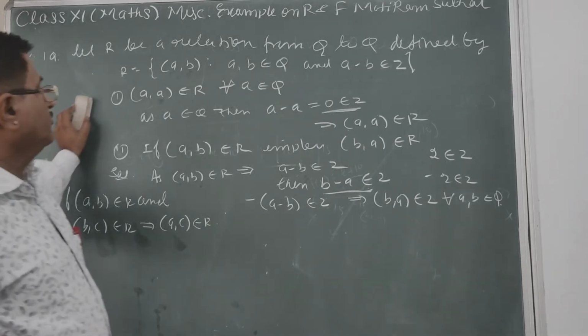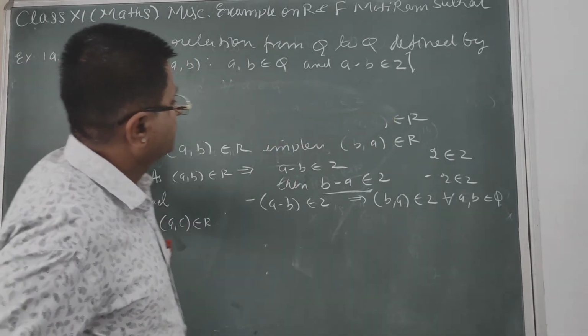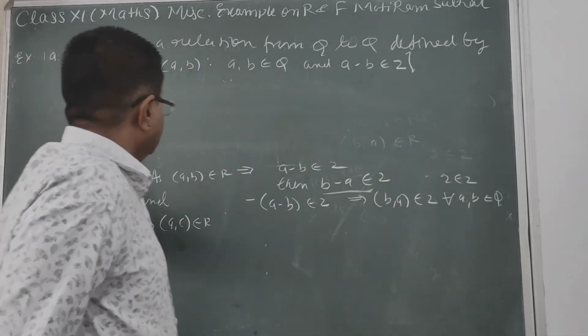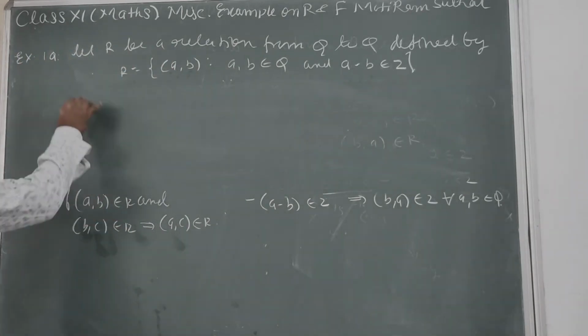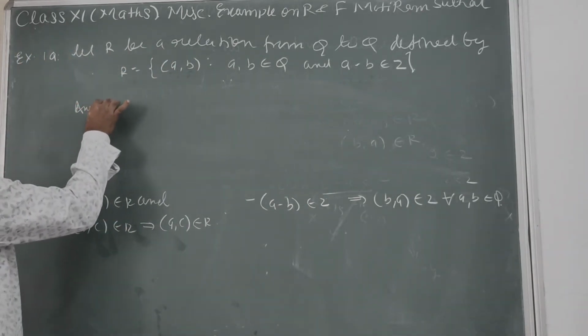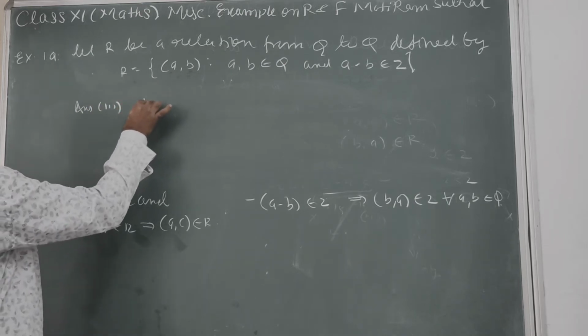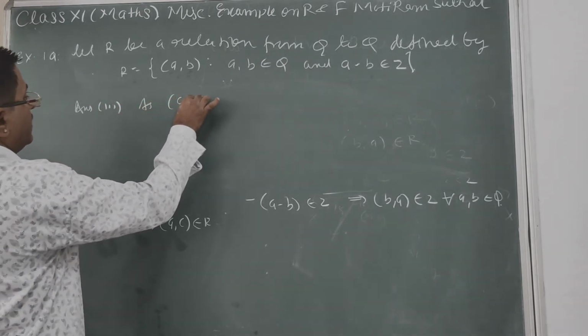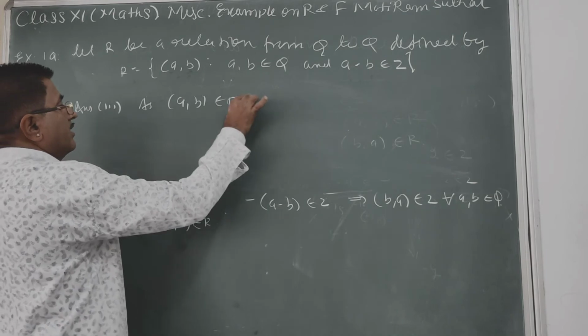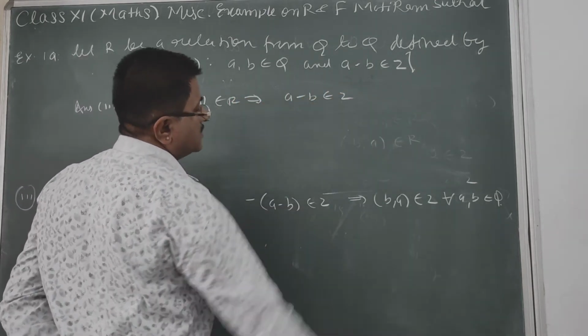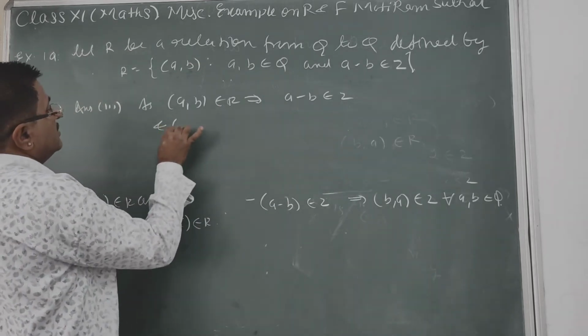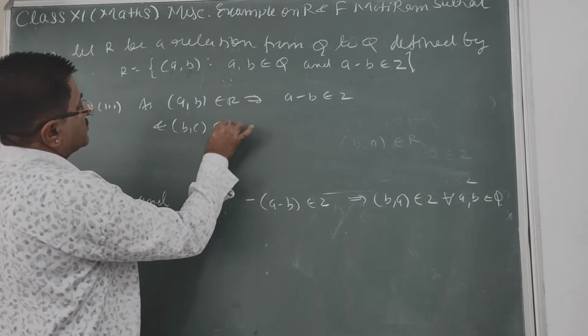So for this you write, according to the rule, the answer for the third part: as ordered pair A, B belongs to R, it means A minus B belongs to Z, and B comma C also belongs to R.